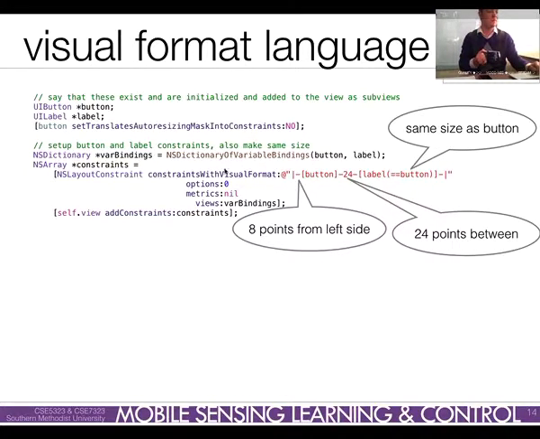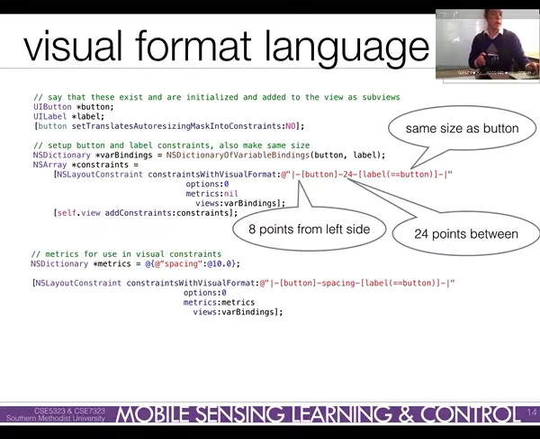There are a couple of different things inside of here, like options and metrics. So I can create a dictionary of metrics that says, okay, the word spacing is going to signify 10 points, right? And now I can give it the metrics dictionary I just created, and I'm going to say spacing right here, and it'll do 10 points in between.